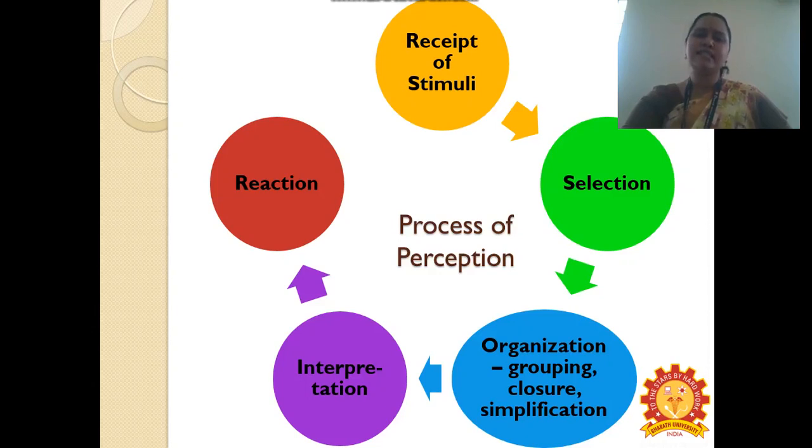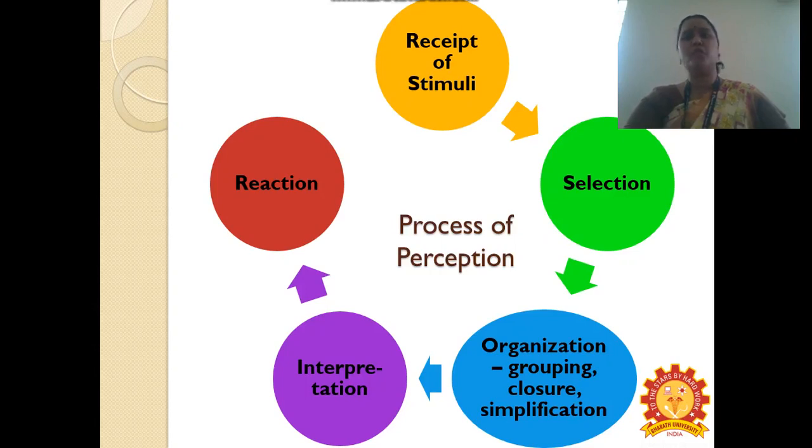So what is stimuli? In the first step we see that it is going to be the receptive stimuli. Now what is stimuli? The term itself says that stimulation is going to happen, or inducement. So stimuli is essential for the commencement of perception. The stimuli can be in any form.